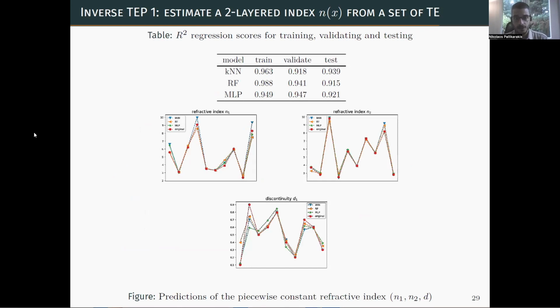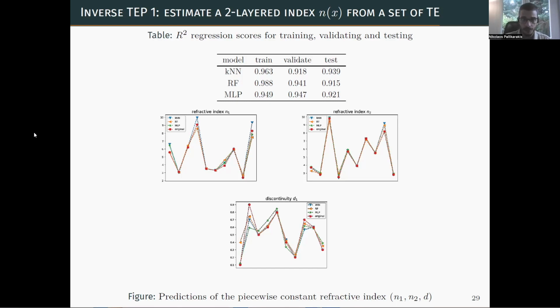We see again the training, validating, and testing columns for all three models, KNN, random forest, and neural networks. We again notice that the training, validating results for R-squared are close, which is good, and also that in the testing subset, the results are good and are shown in the graphs below.